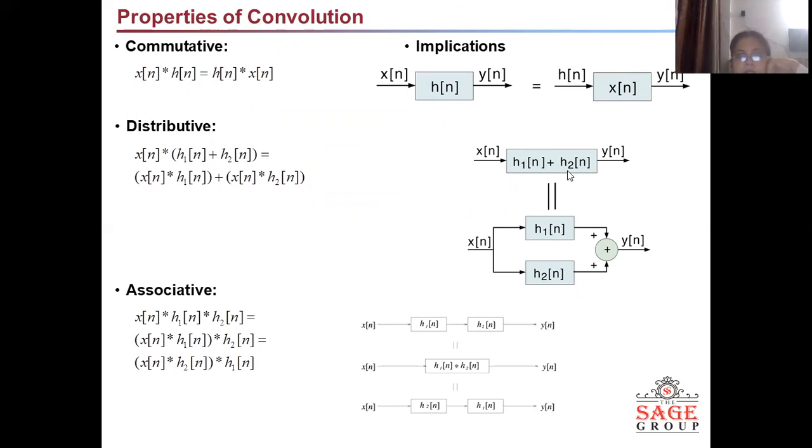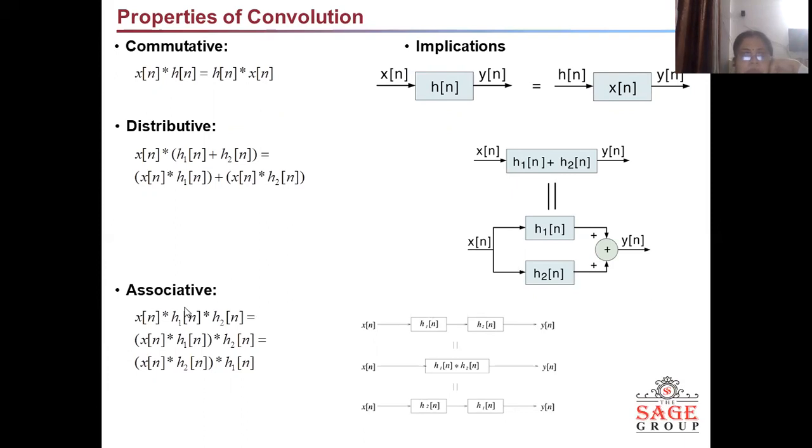So here the two functions are connected in cascade. Now this is the associative property, which means that x[n] convolved with h1[n], which is convolved with h2[n], so we can perform with the help of the associative property. Here the two functions are connected in series.